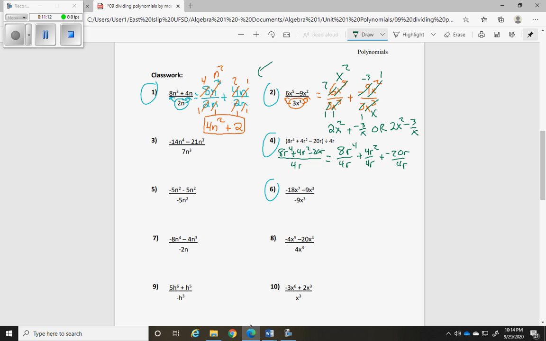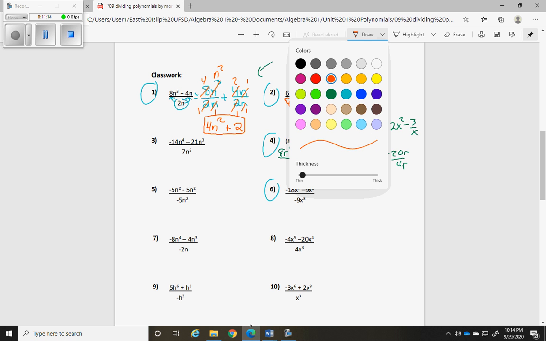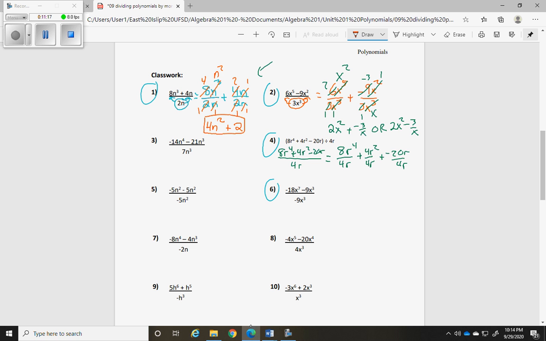And now I'm going to simplify. So 8 over 4 is 2 over 1. There's one r in common, top and bottom, so I'm left with r to the 3rd over 1. 4 over 4 is 1 over 1. One r in common, top and bottom, so I'm left with r over 1.